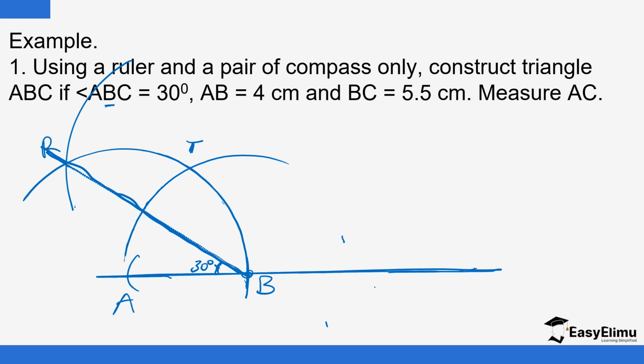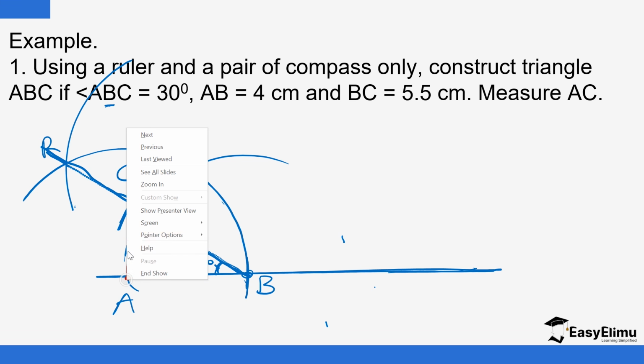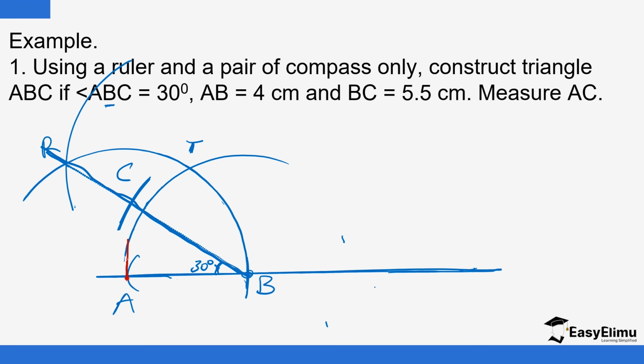That's where C should be. I can use even a different color to help me draw the triangle. So the triangle is this. The only evidence that you have done the construction is the arcs, so these arcs are very important as you draw them.